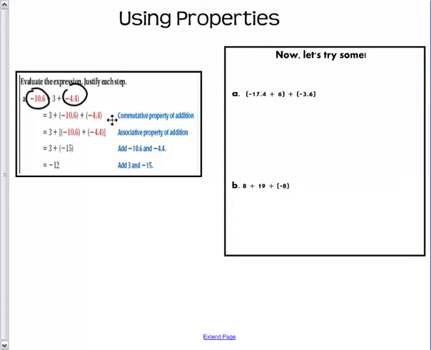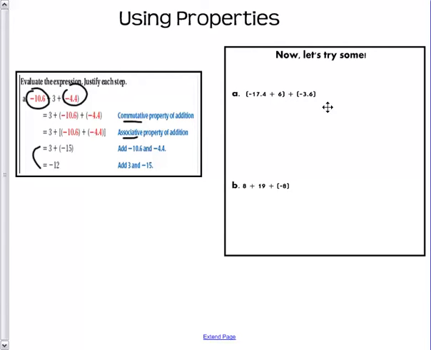So if I just rearrange it, commutative. If I group them, associative. Okay, so when I switch this around, I get a negative 15 plus 3 is negative 12. These properties are just addition. Okay, there's no crazy property going on. It's just the property of addition, while these are the commutative and the associative respectively.